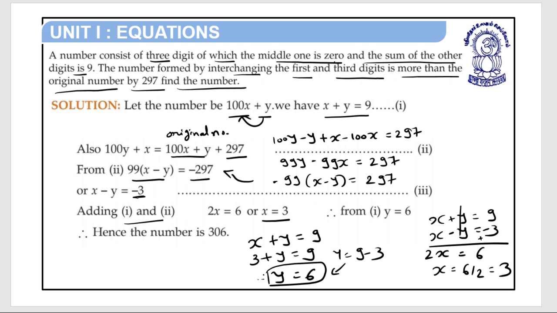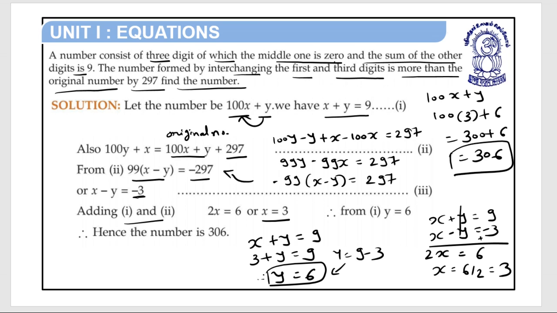Now put the x and y into 100x plus y. So 100 into 3 plus 6. 300 plus 6. So the answer is 306.